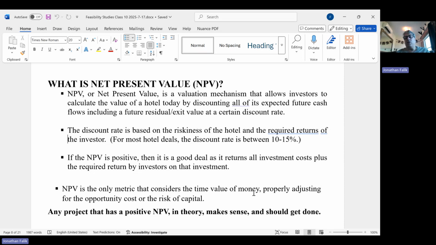Discount rates could go higher if interest rates go higher, or if investments become riskier or more costly. So again, a positive NPV on a deal, in theory, makes sense and should get done.